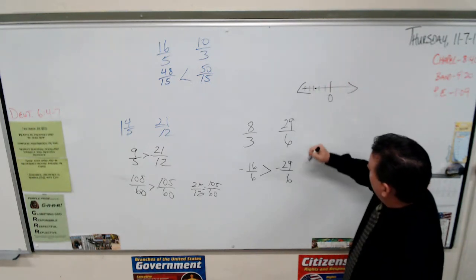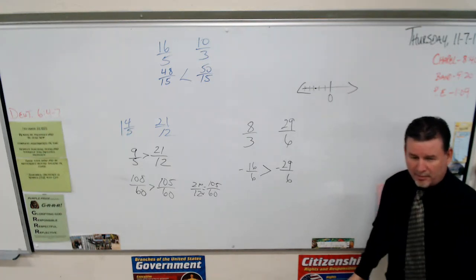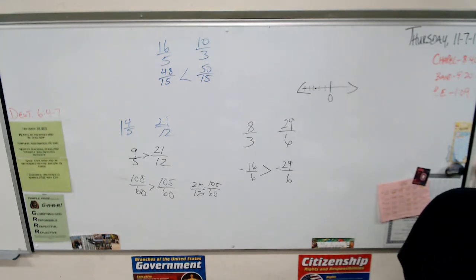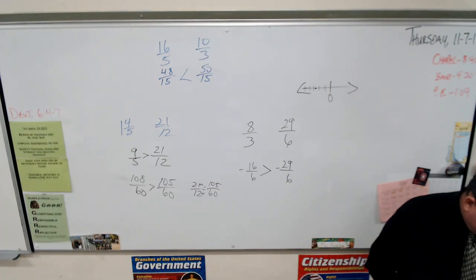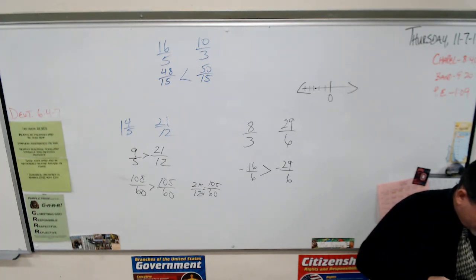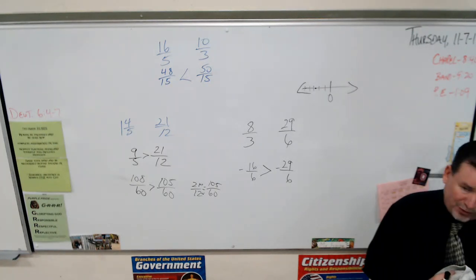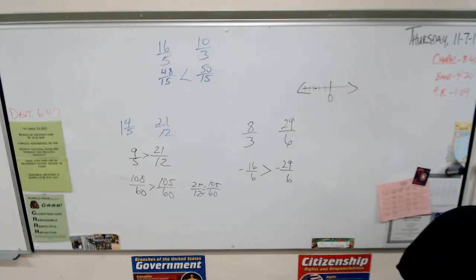This is greater than that. Does that make sense? Lorelai? For number 8, you should have put them in this order. Ready? 2 and 5/12, 11/4, and 2 and 7/9. Oh, I did it. 2 and 5/12, from least to greatest.